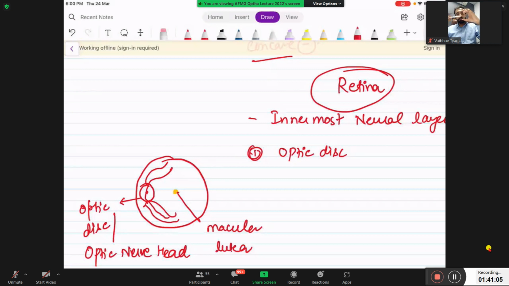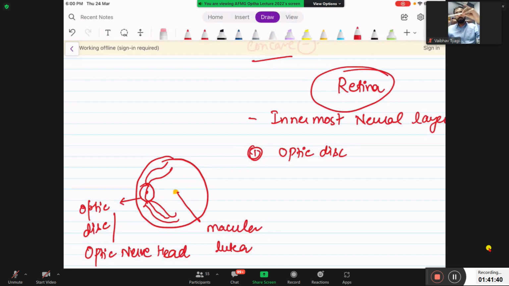As an ophthalmologist or eye surgeon, if I want to examine the fundus of the patient, I can only see the head of this optic nerve inside the eye, which is also called the optic disc. I cannot visualize the whole of the optic nerve. I can only visualize the condition of the optic nerve head. The rest of the optic nerve goes into the brain.